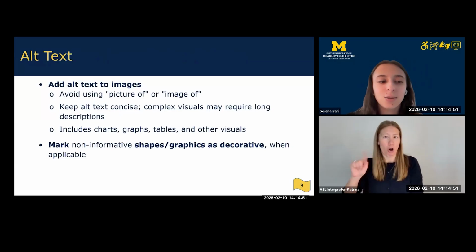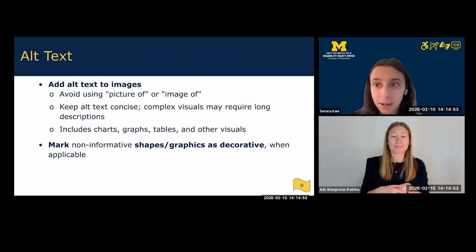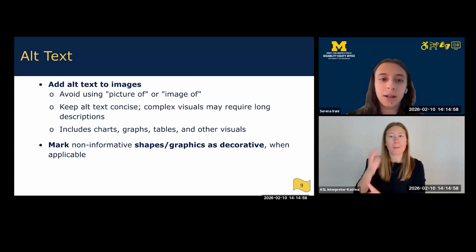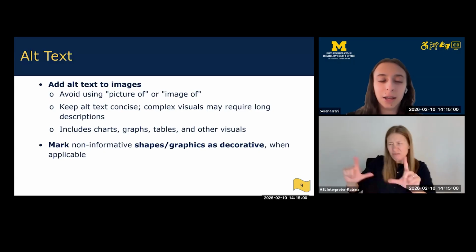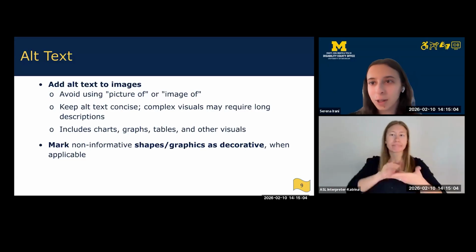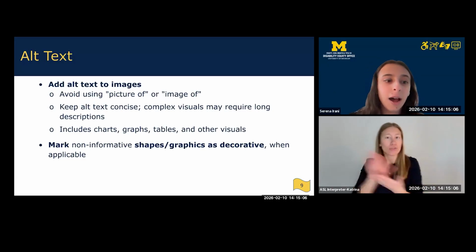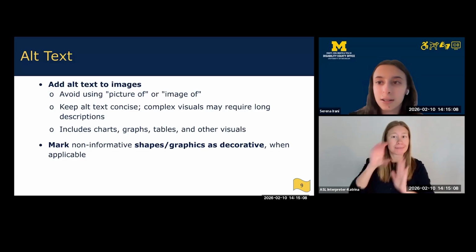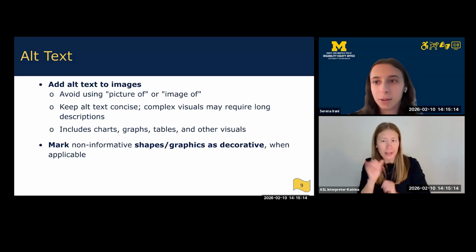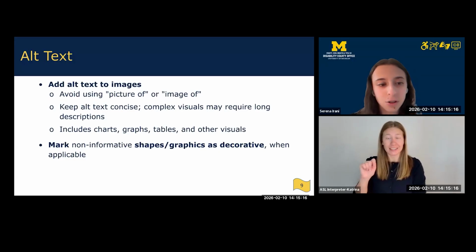Alt text is a way for people who are not sighted or who can't see very well to be able to understand what is going on in the image you added to your slide deck or your document or your email. If someone is using assistive tech, like a screen reader, the alt text you include is what will be read out to them to describe the image.